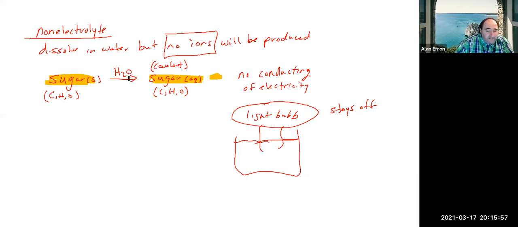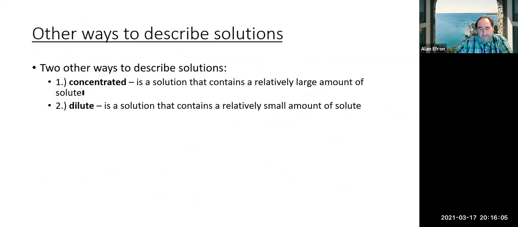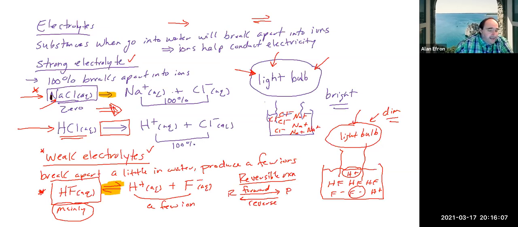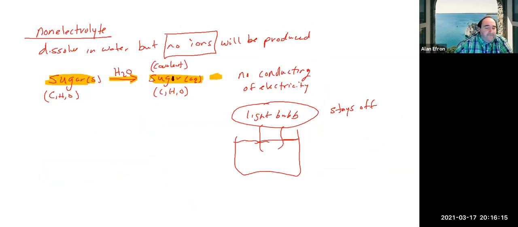It will also have this kind of one-way arrow, but the difference between that one-way arrow and what we were looking at previously was this guy stayed together, ions formed in a strong electrolyte. This guy, same guy on the left, same guy on the right, and absolutely no ions present. So if you're given an equation that looks like that, you can make a pretty safe assumption that that's going to be a non-electrolyte, will not conduct electricity because there's pretty much no ions present.